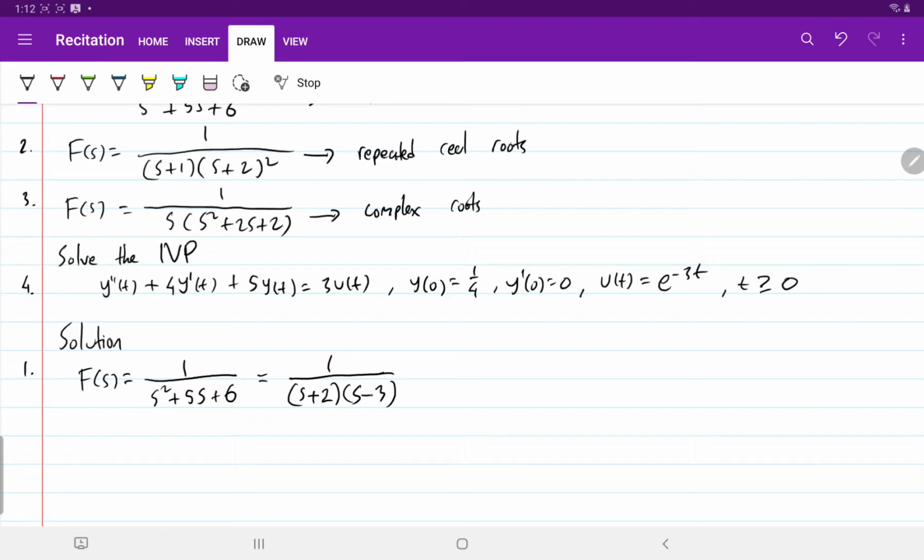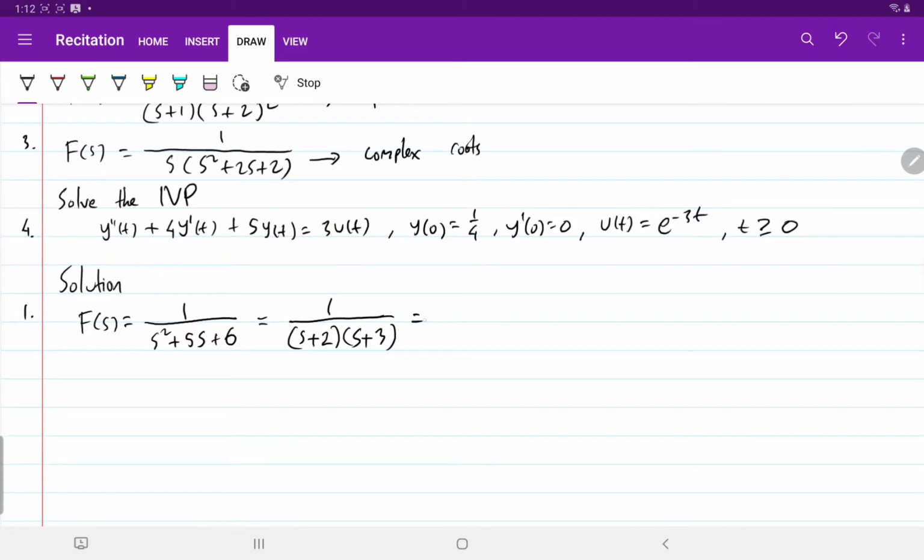The signs are plus, and you need to use the partial fraction expansion to solve it, since they are comprised of distinct real roots.